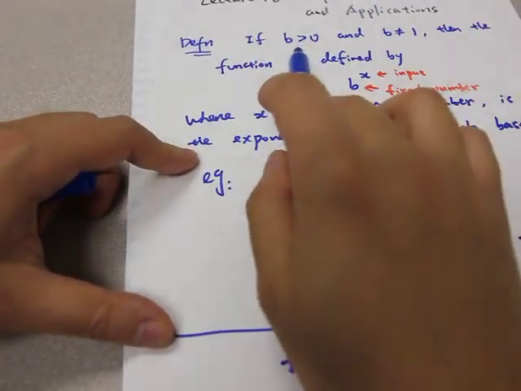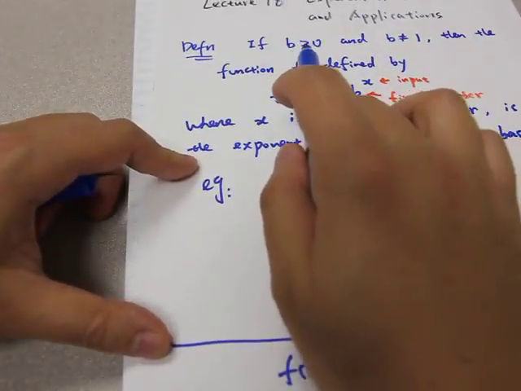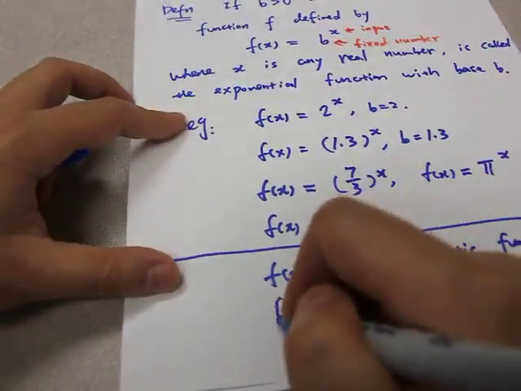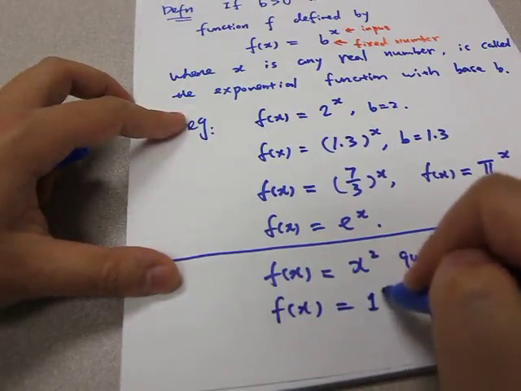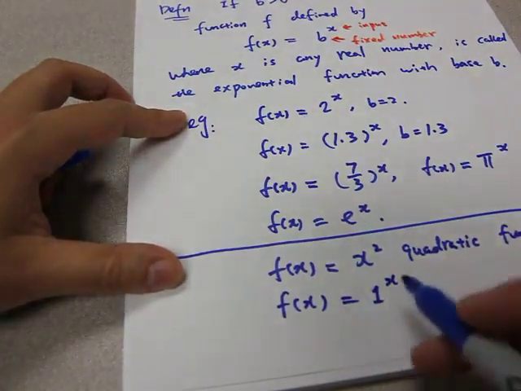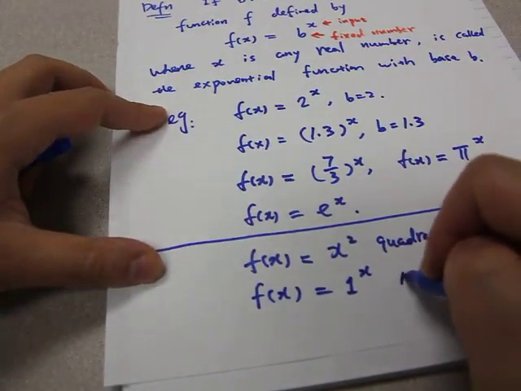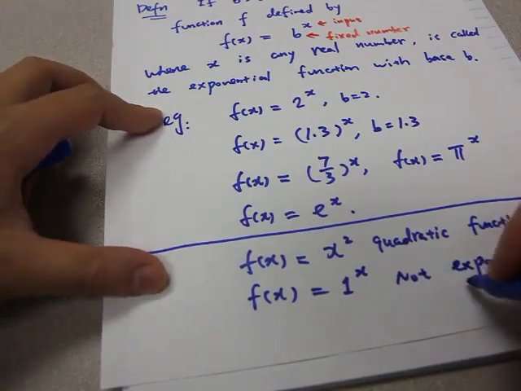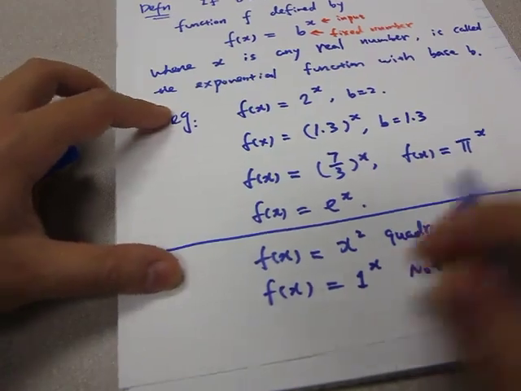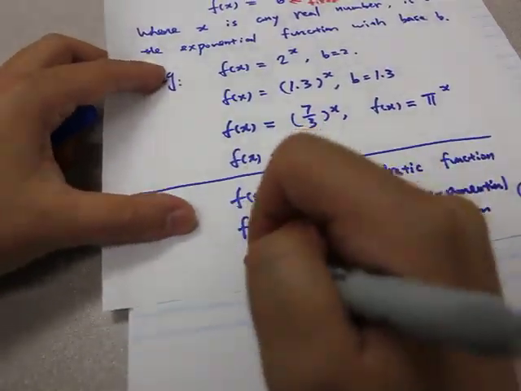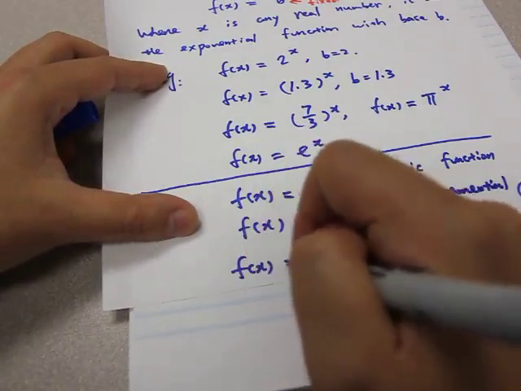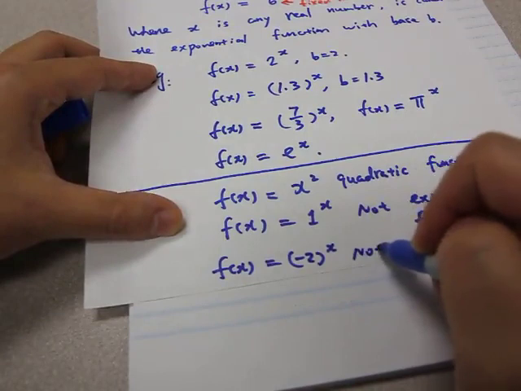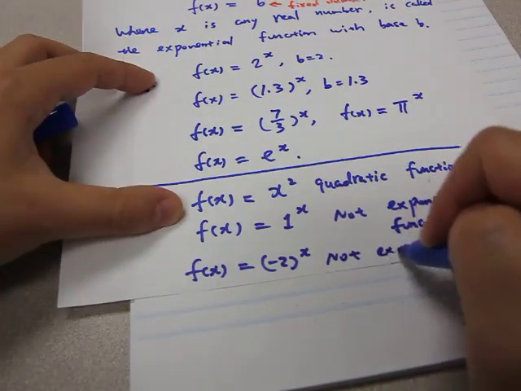And because we require b to be greater than 0 and not equal to 1, if we have 1 raised to the power of x, this is not an exponential function. And if the base is negative, for example -2, this is also not an exponential function.